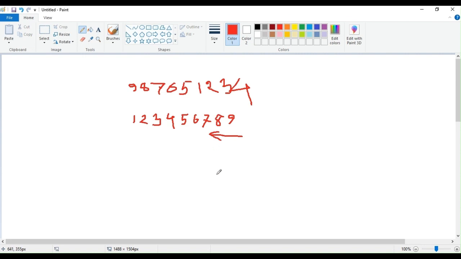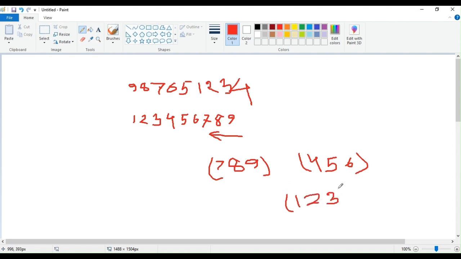So here we can think of a triplet like 7, 8, 9, and another triplet is 4, 5, 6, and another triplet is 1, 2, 3. This is the third triplet.